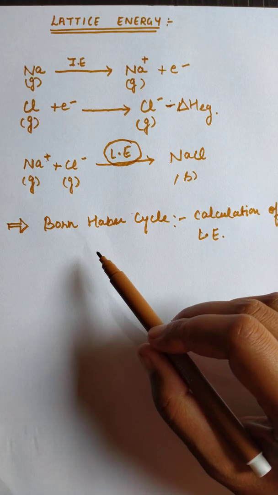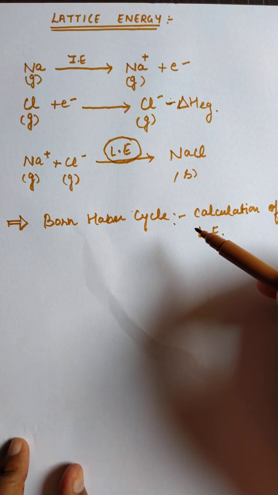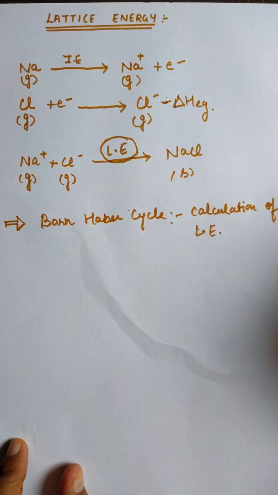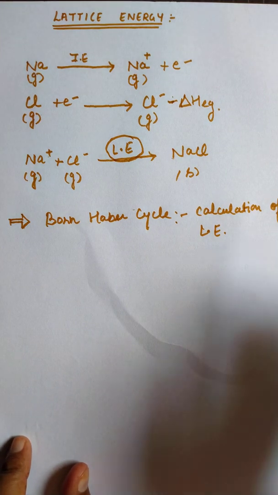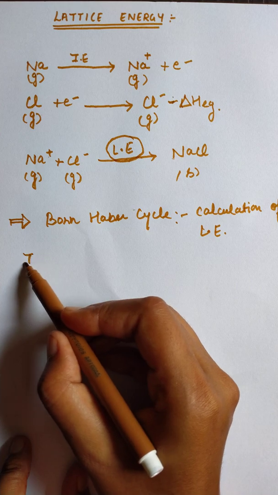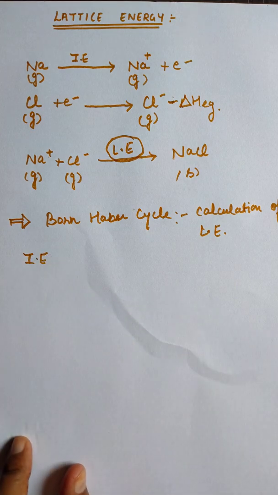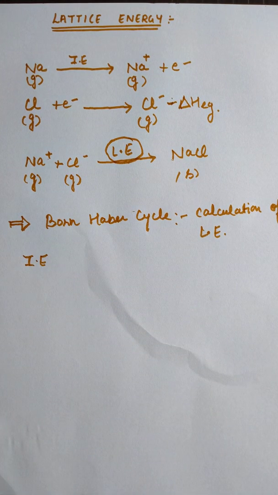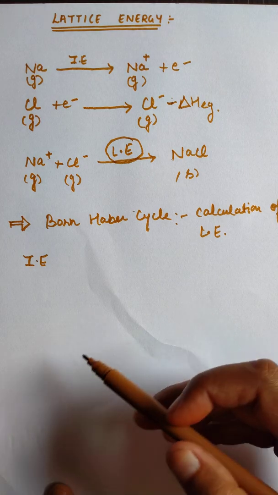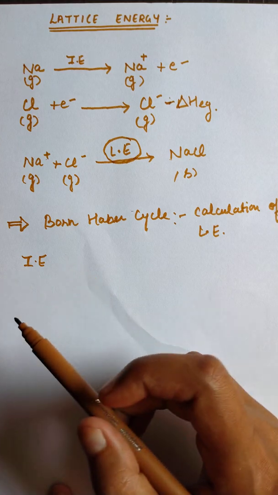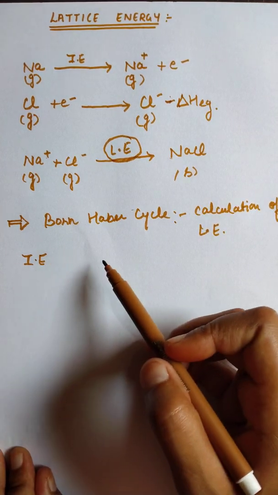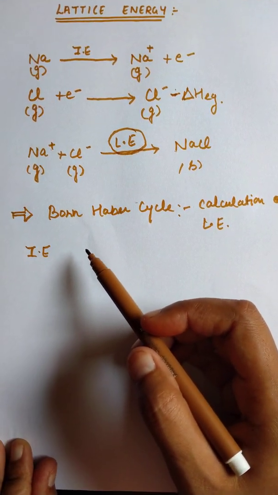Before we start the Born-Haber cycle, let's discuss the different parameters or different types of energies. You know what the ionization energy is: the amount of energy used to convert any gaseous atom into its ionic state, that is, to remove an electron from any atom.